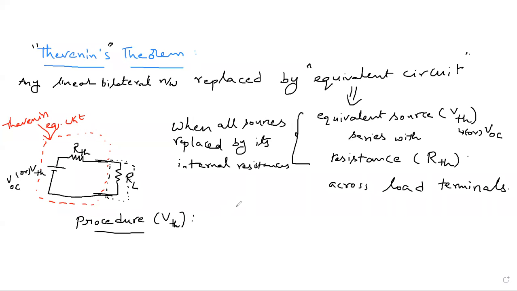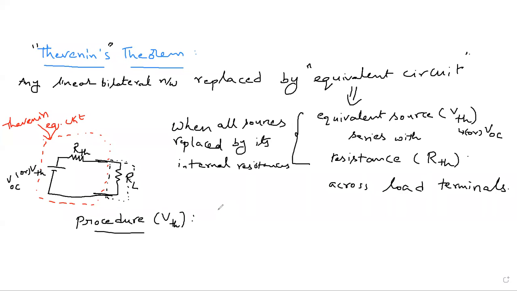How should we calculate VTH? What is the first step to calculate that?